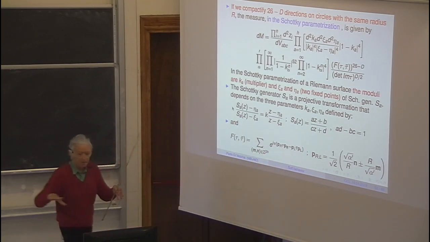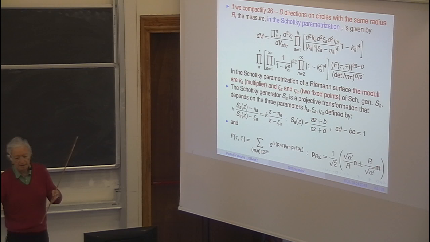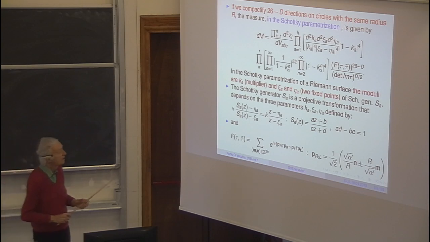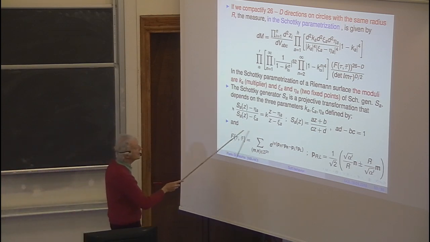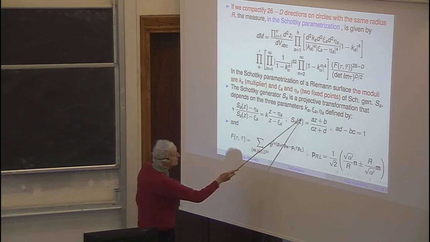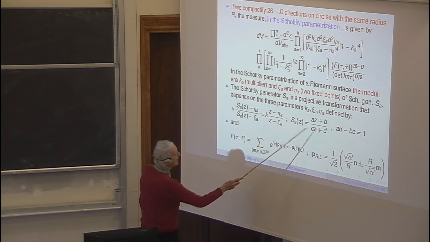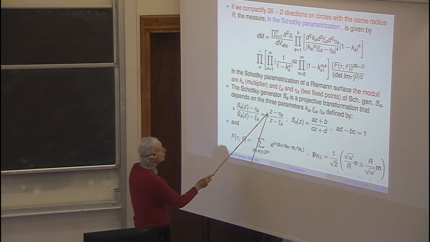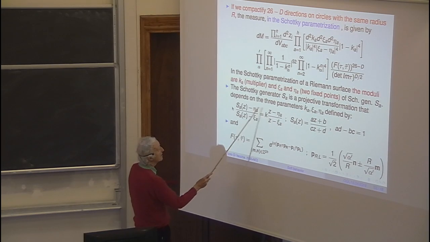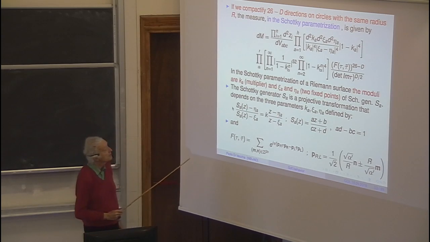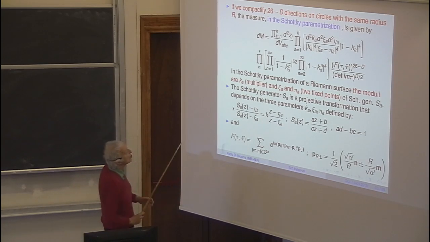So you have the complex plane, and you put 2H circles, the isometric circles, and you identify them, and that gives a description of the Riemann surface with H loops. The Schottky generators are projective transformations which have 3 parameters: one is the multiplier, and the other 2 are the 2 fixed points of this transformation. So this is very explicit.